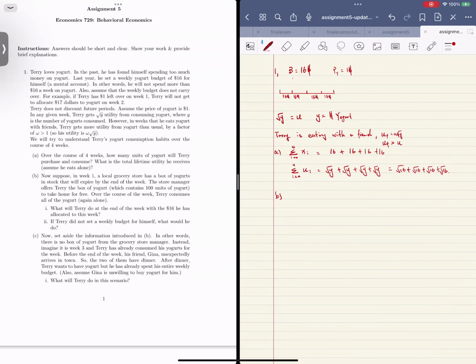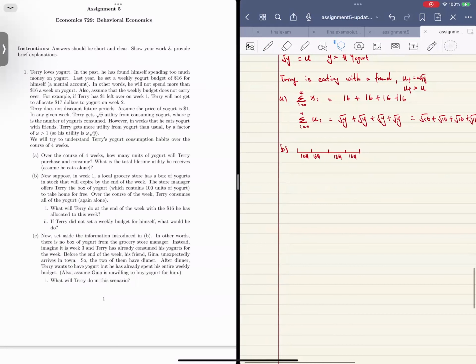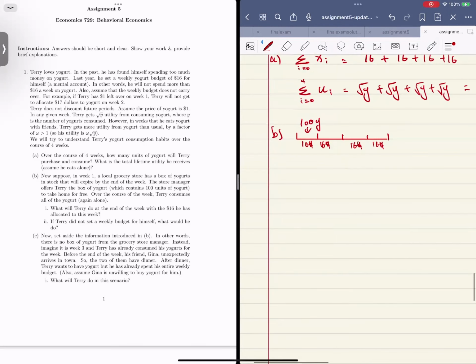Okay. Now suppose in week 1, a local grocery store has a box of yogurts. So we're going to have this tiny pictorial representation of our weekly budget. Week 1, the local grocery has a box of yogurts that's given, which is 100 units. So 100 units of Y will be given on the first week for free. Over the course of the week, Terry consumes all the yogurts, again alone. What a lonely Terry.